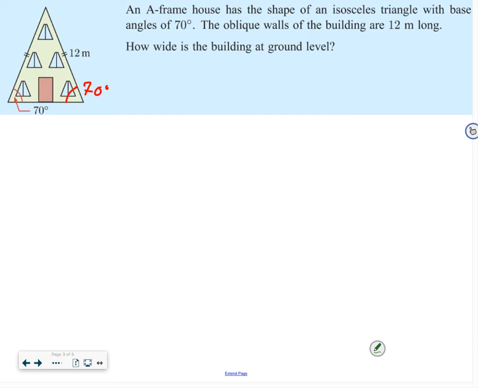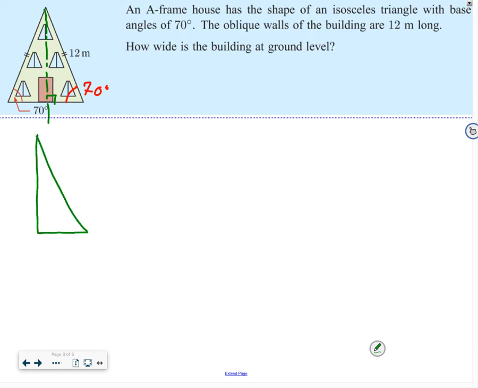If I think about this shape, I know I have two right triangles here, so I'm going to redraw just one of them. Since I want to find how wide the building is at ground level, I'm going to call this x and know that my width is going to end up being 2x because I double my triangle.